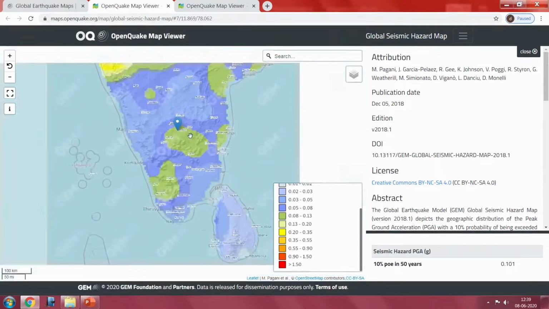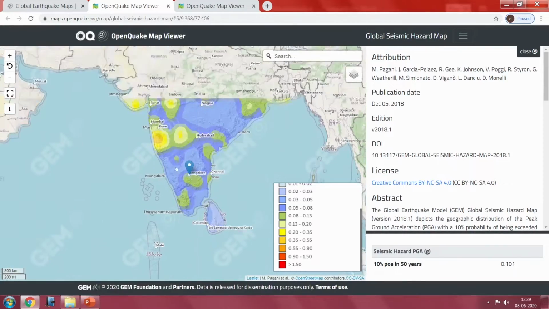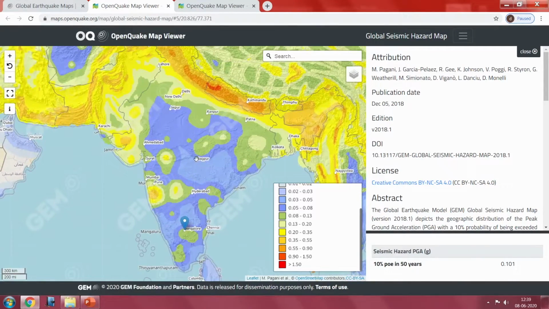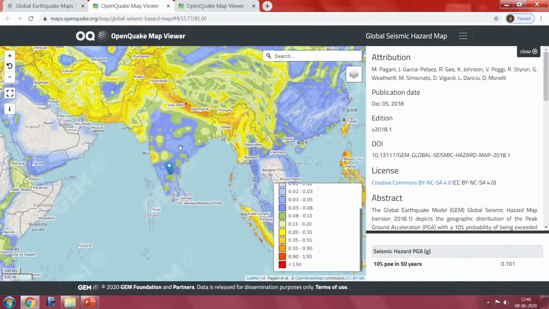As I told you, this is a macro scale map. It gives a hazard range, a hazard value, but it does not consider regional variation. So why are these maps very important? Basically, these maps are estimated to know the exposure and risk of a particular country.